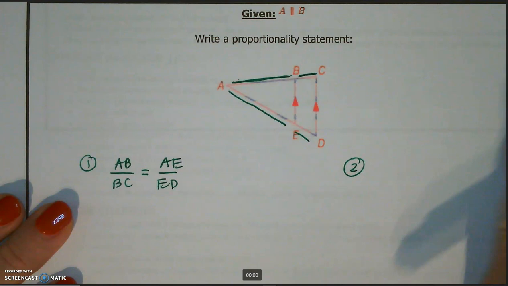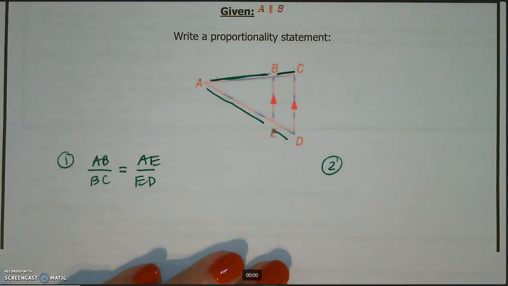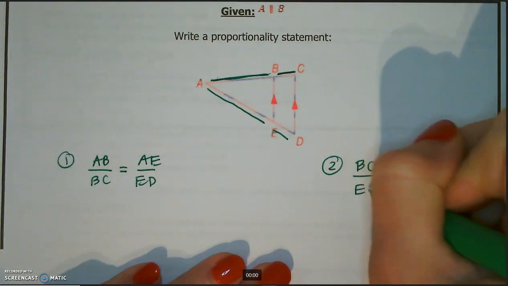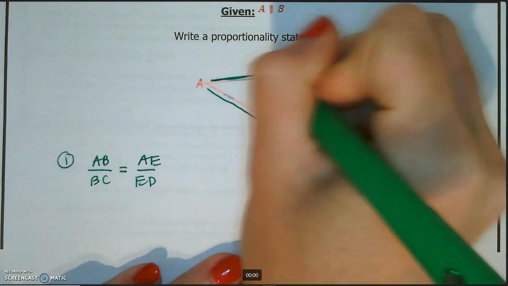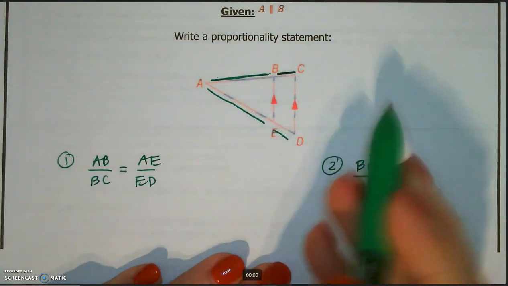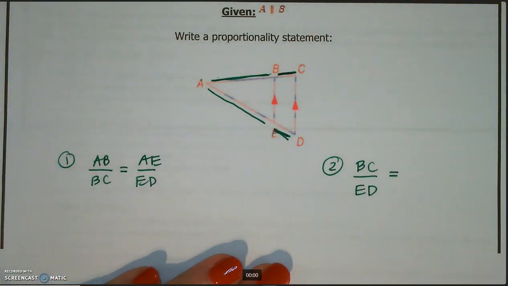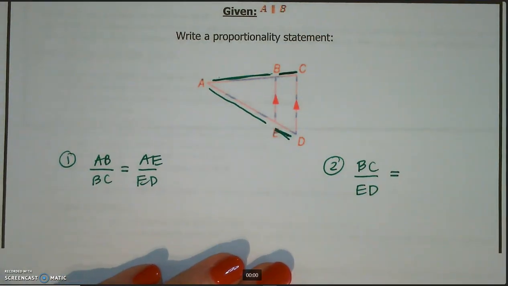Let's try one other example. And then in the next question, we'll actually apply it to a problem where we can solve for something. If I were to do BC over ED, so I did BC, right, this piece over this piece. What would have to be the other side? Take a guess before I share out.